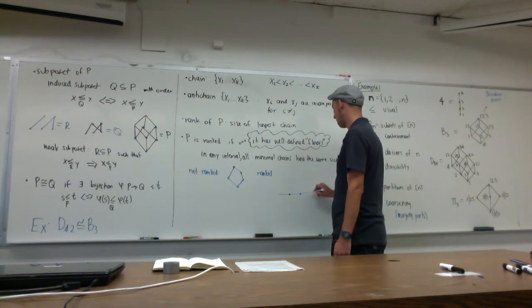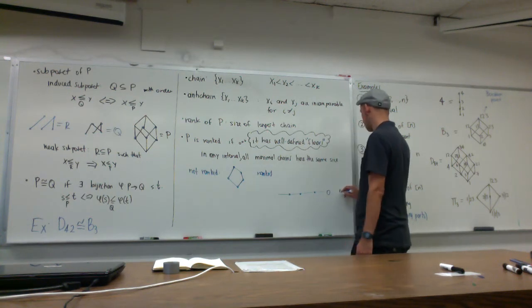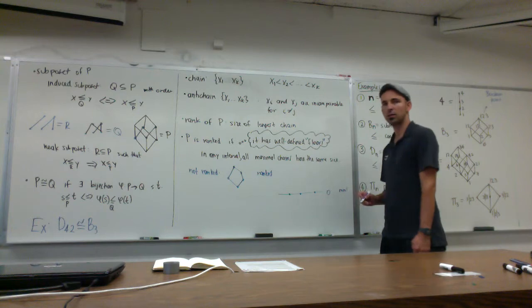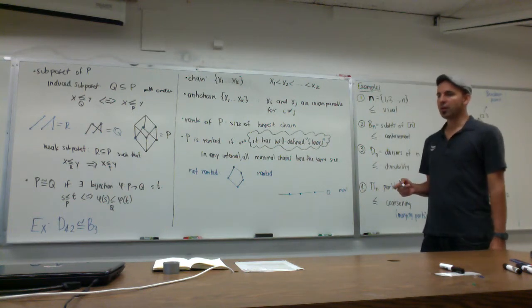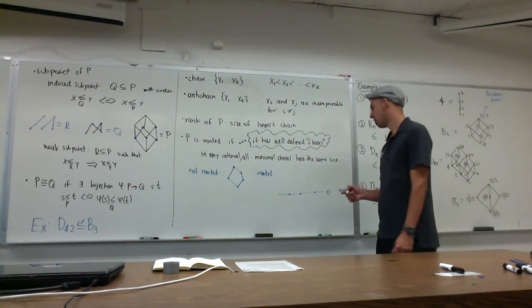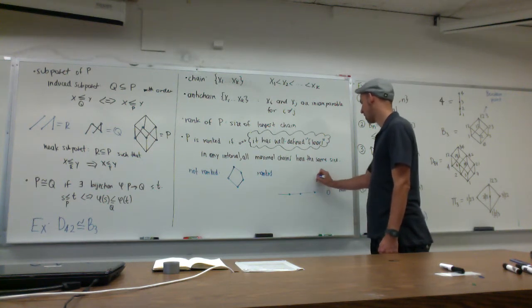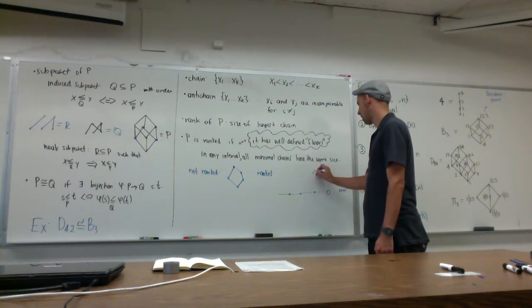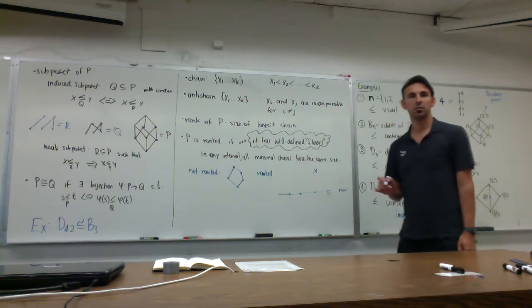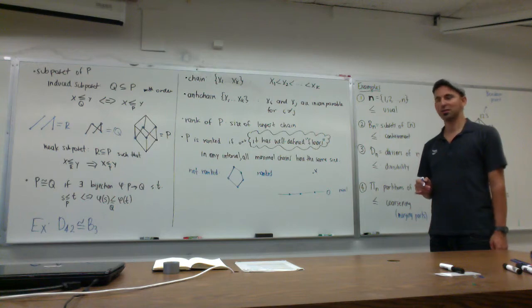I don't know, there might be 3 minimal elements. And then I can say, given an element x, what is its rank?